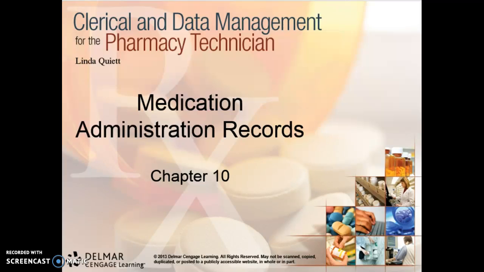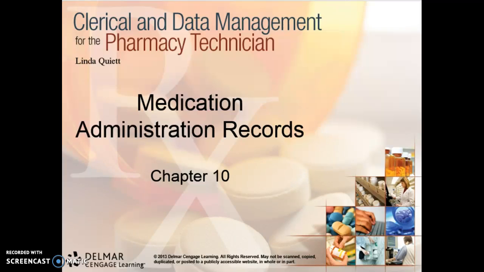So for exercise 2, you're going to have 5 websites that you've been to, 5 different companies, and what they have available, and then you're going to talk about the advantages of the EMRs over the MARs. And what do you think the disadvantages are? So advantages and disadvantages of EMR versus MAR, and then a list of 5 places where you can purchase the software. Okay, so that's exercise 2.